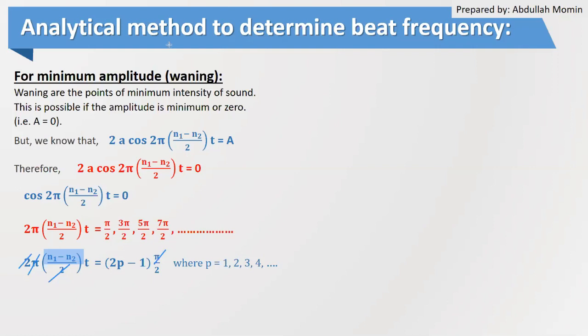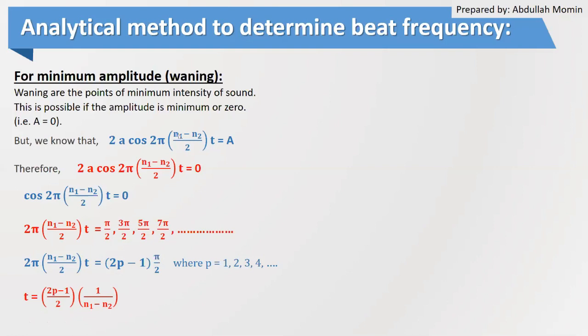We will take this term to the other side of the equation, and we can write it in division, that is 1 upon (n1 minus n2). So the next step we are going to write is t is equal to (2p minus 1) divided by 2, into 1 upon (n1 minus n2).